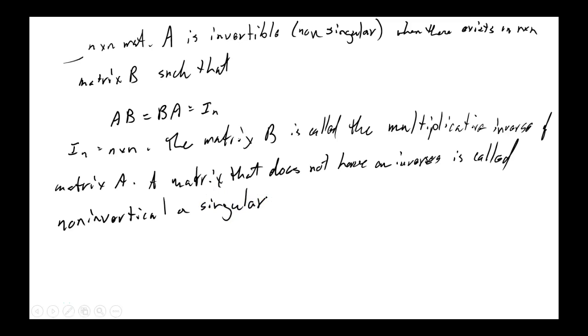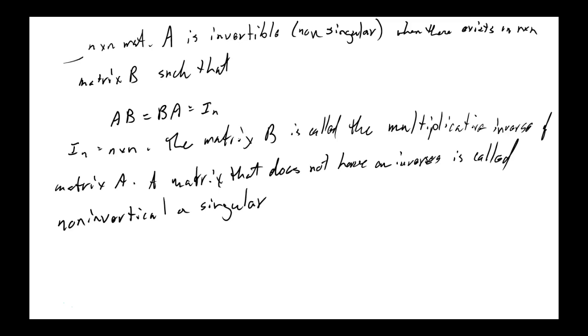Okay, so if it's invertible, it's non-singular. If it's not invertible, it's singular. If it has an inverse, it's invertible, which is non-singular. If you cannot find a matrix B that you can multiply by A and get the identity matrix of the right size, n by n, then it's a non-invertible or singular matrix. Okay.